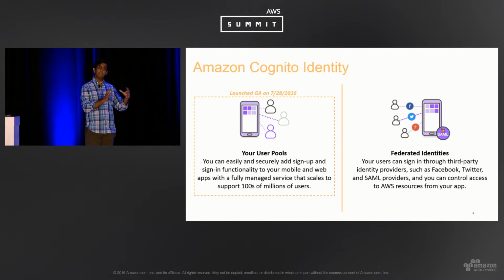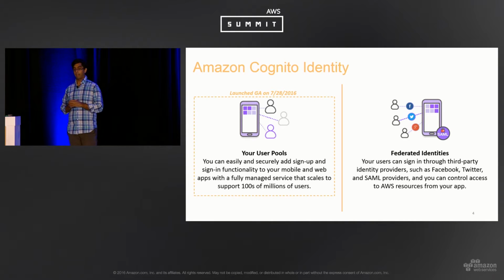So that's one piece of the existing functionality. In addition, what federated identities provides is an access control functionality as well, that's built on top of AWS's identity and access management infrastructure. So there's the federated identities with third-party identity providers for the authentication, and then there's the access control layer.